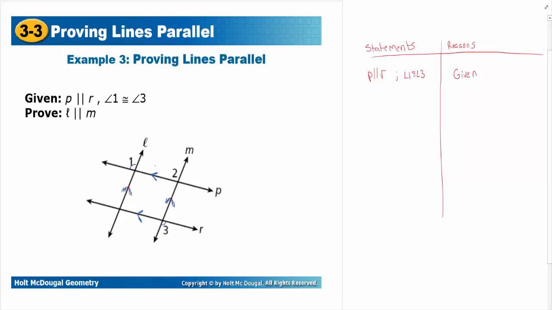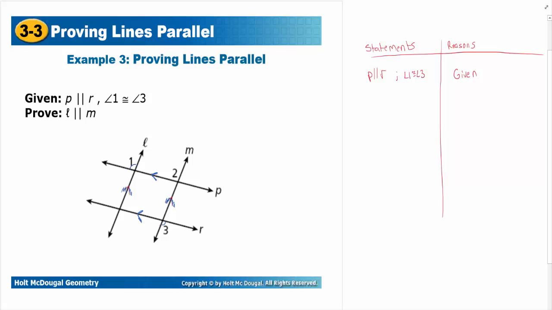As you go through this, you should be able to look and see that angle 2 has to have something to do with the way we're going to prove this, and here's how we'll do it. I'll do this in green so you can see this is stuff we'll be figuring out as we go. I have P and R, those are parallel.